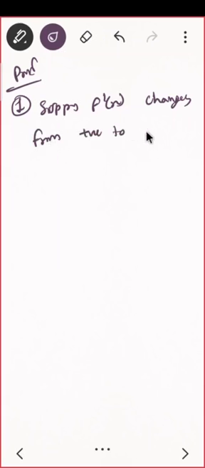Suppose f dash of x changes from positive to negative at p. What do you mean by that?